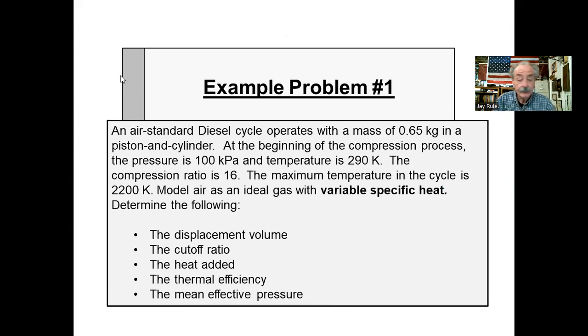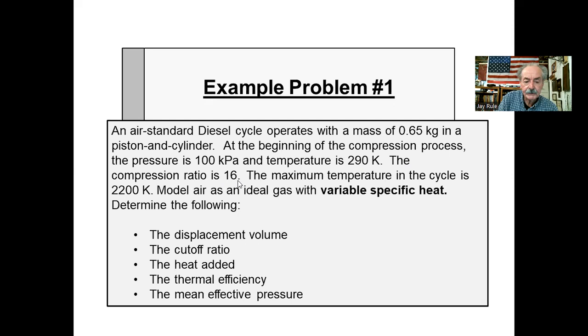Okay, so now spend a little time. I guess I have to apologize, a little crash course time before we undertake the numerical example problem. An air standard diesel cycle operates with a mass of 0.65 kilograms contained within the piston and cylinder. At the beginning of the compression process, that's going to be state 1, the pressure is atmospheric pressure, 100 kPa, and atmospheric temperature, 290 K. Very typical of the real world.